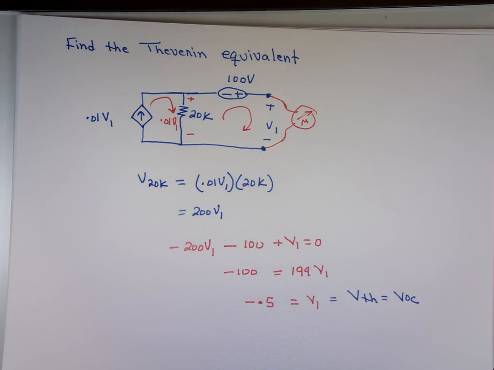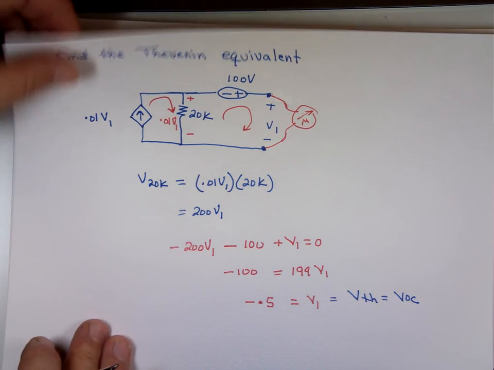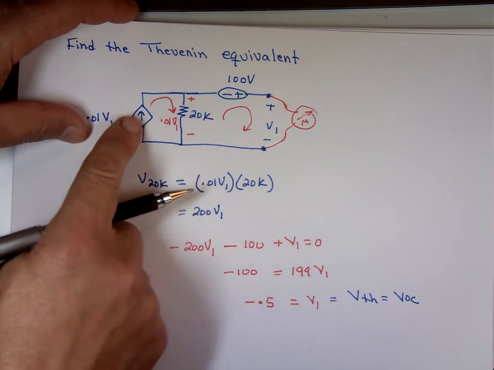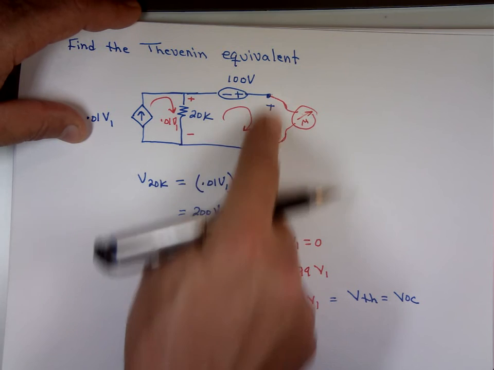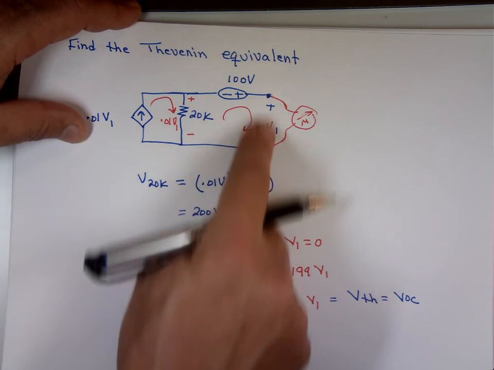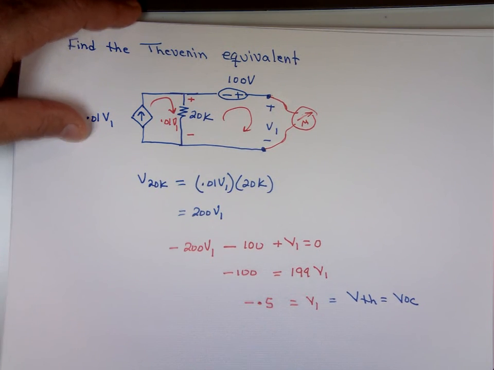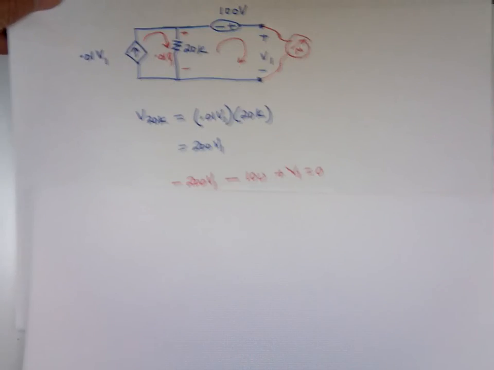Now I need to find R Thevenin. To find R Thevenin, you have independent and dependent sources. When you have both of them, last time I said it will be easy if you just connect this with a wire and find I short circuit. So let's find R Thevenin or I short circuit.